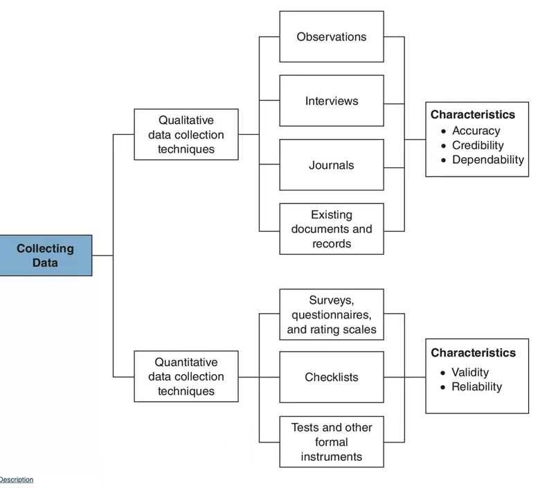So again, to summarize these two big buckets, right? We have qualitative data collection techniques, we have quantitative data collection techniques, and both of these are part of two different paradigms. And also keep in mind that if we do mixed methods, we can also combine these, right?